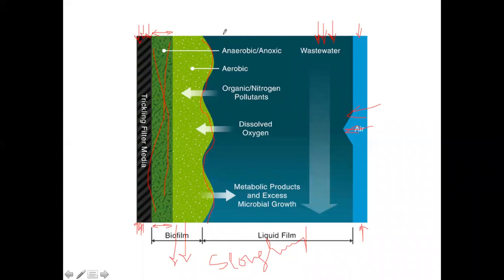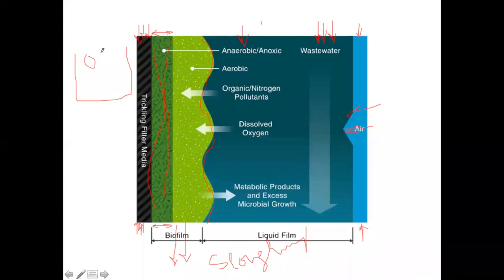And again, because of shear action of the wastewater coming from the top, this biofilm will get sloughed off. Someone, Ravish, is asking: sir, how is the biofilm generating in layers on the surface of the material? I just told you that this is the reactor of a trickling filter.